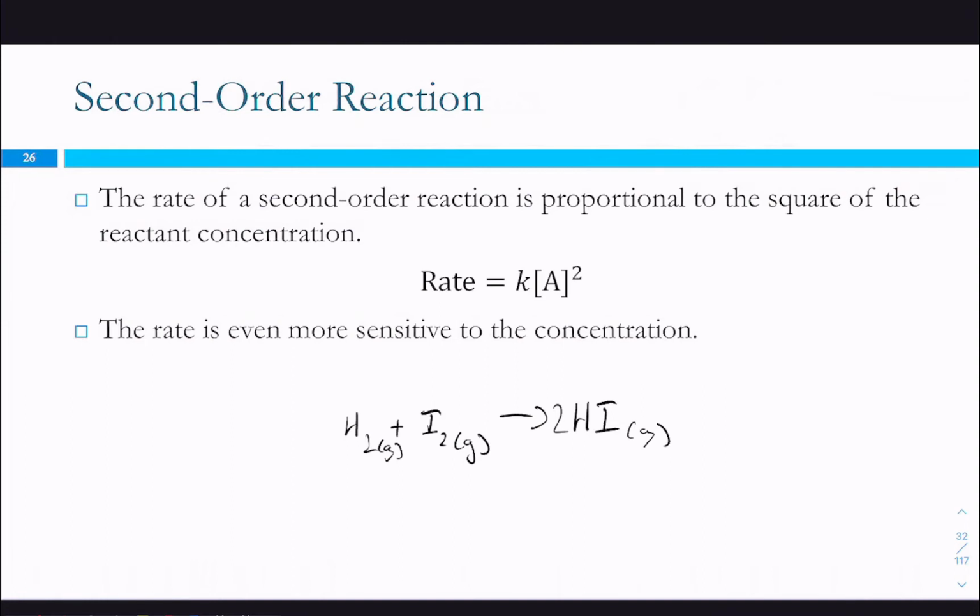So the rate of this reaction is going to be sensitive to the concentrations of both of those species. And so as we're losing those, right, our reaction rate is going to decrease even faster.